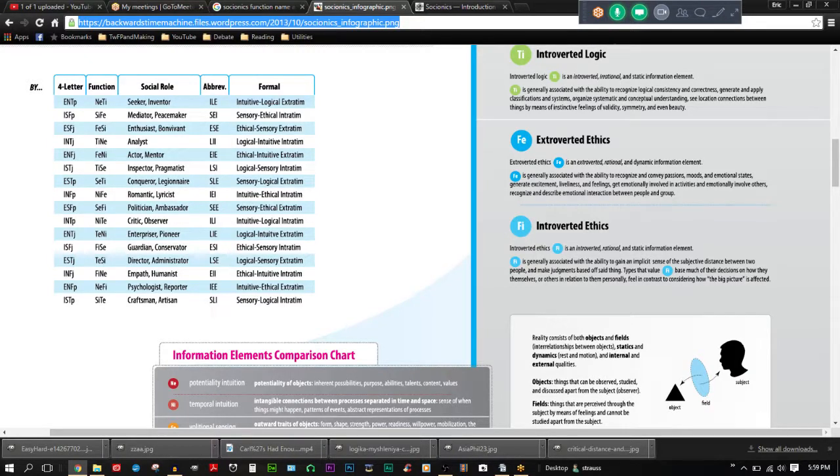So you'll see here, these are the names that I would like to get accustomed to using because they're so much more, they eliminate the PJ confusion. ILE is the ENTP. SEI, sensory ethical introvert, is the ISFP. You know, so these are good to know.